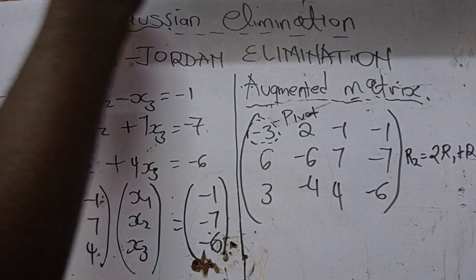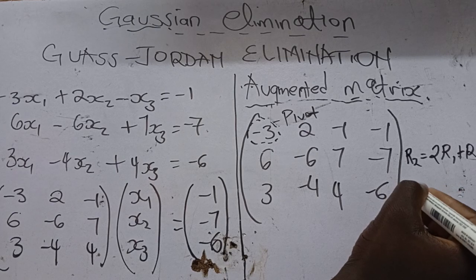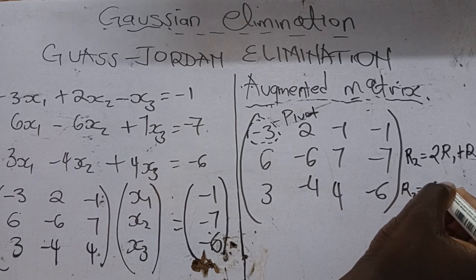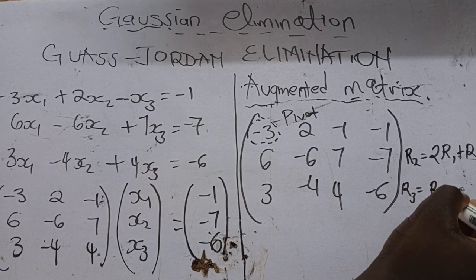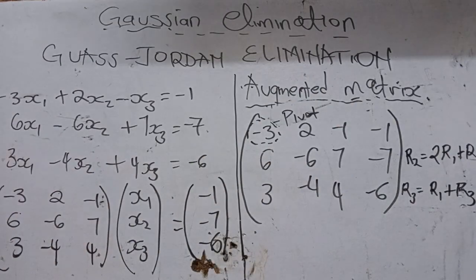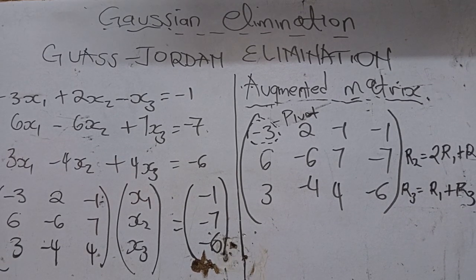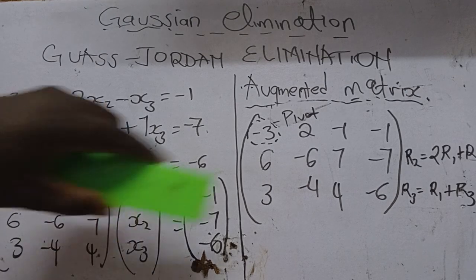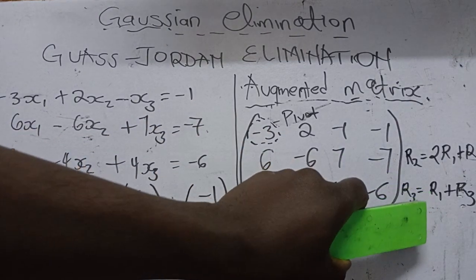Then R3 is equal to R1 plus R3. So let us put all this in echelon form.